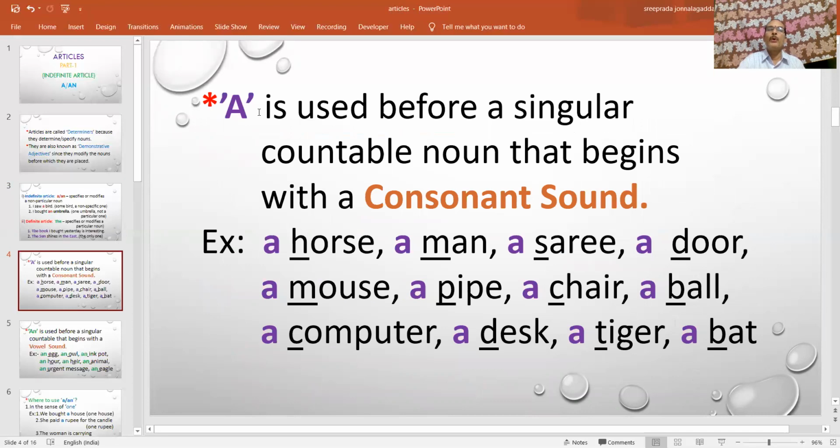Now, we have to understand where we should use the indefinite article a. A is used before a singular countable noun, whether it is a or an. That noun must be singular, and that must be countable. That should not be uncountable. That begins with a consonant sound.